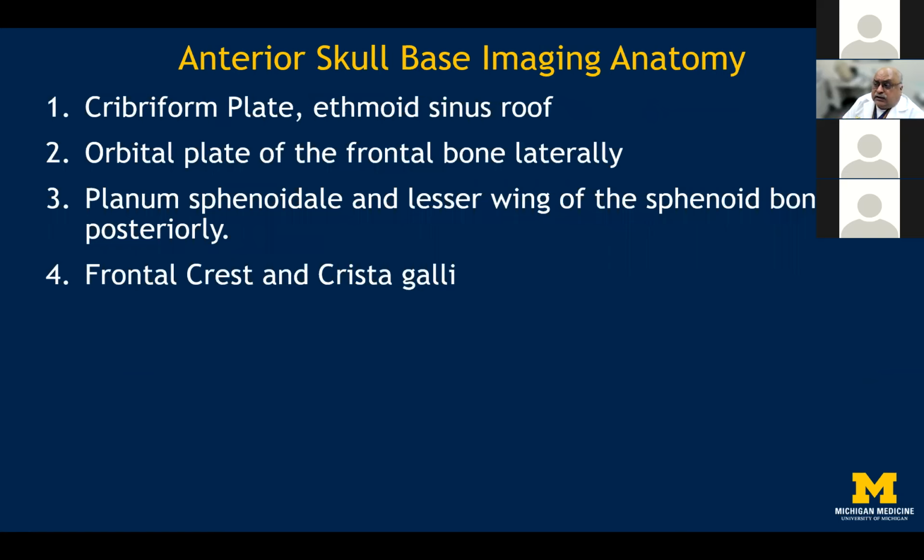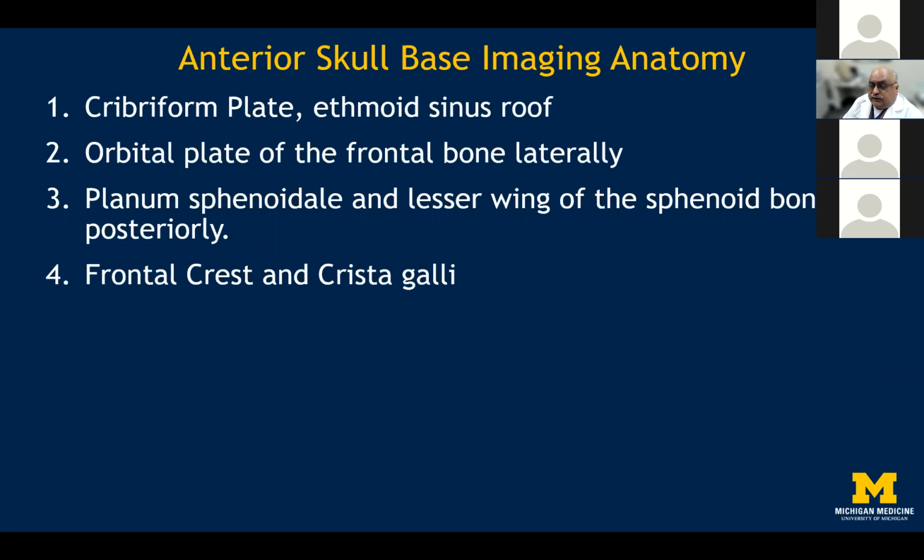However, the integral components of the skull base include the cribriform plate, which forms the roof of the ethmoid sinus, and the orbital plate of the frontal bone, which forms the roof of the orbit, and the planum sphenoidale and the lesser wing of the sphenoid bone, which forms the roof and the side walls of the sphenoid sinus.